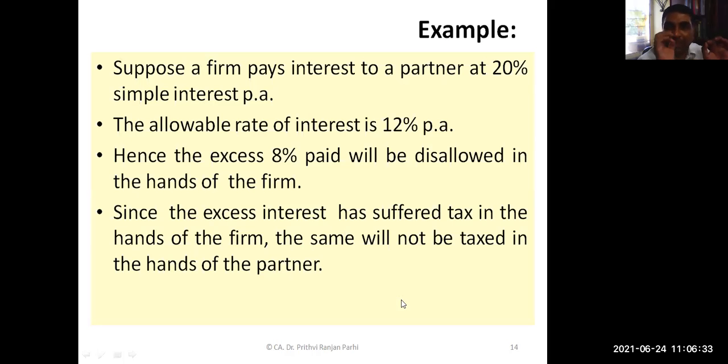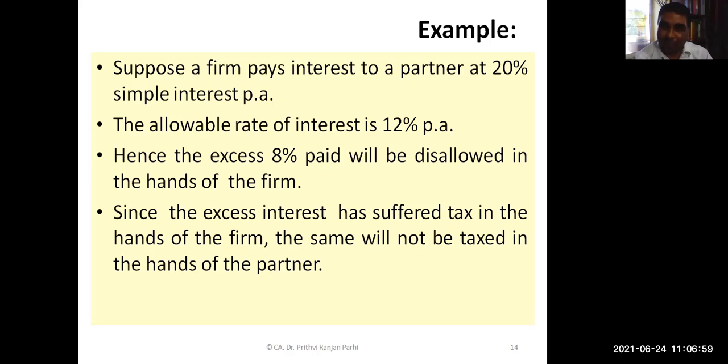To explain this, let us take this example. Suppose a firm pays interest to a partner at the rate of 20% on its capital. But the Income Tax Act allows interest only up to 12%. That means an extra 8% has been paid. If an extra 8% is paid, the extra 8% will be disallowed.